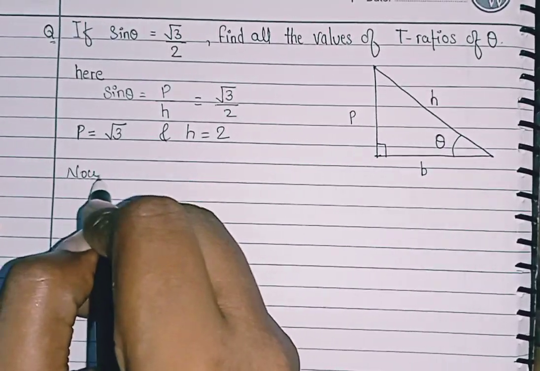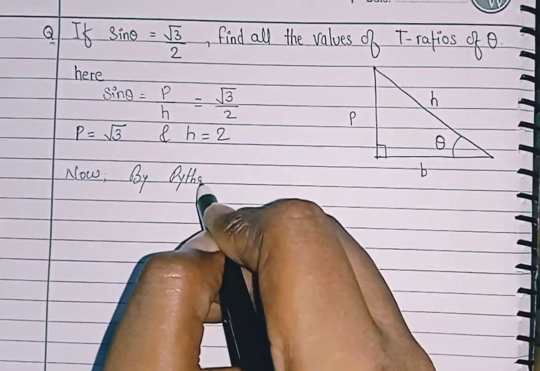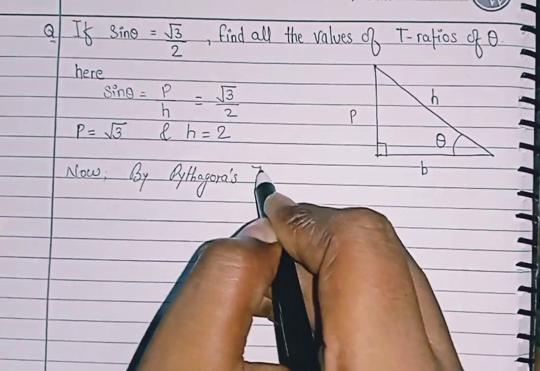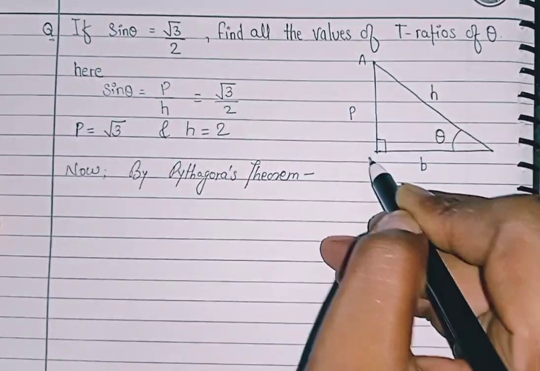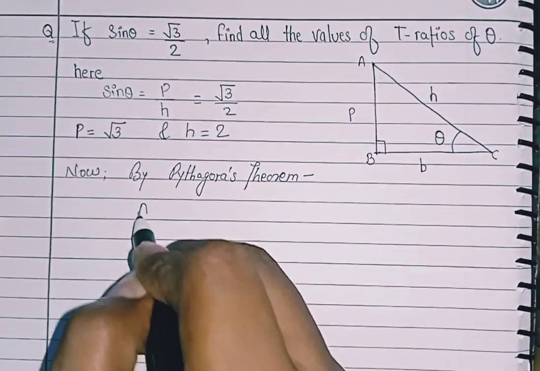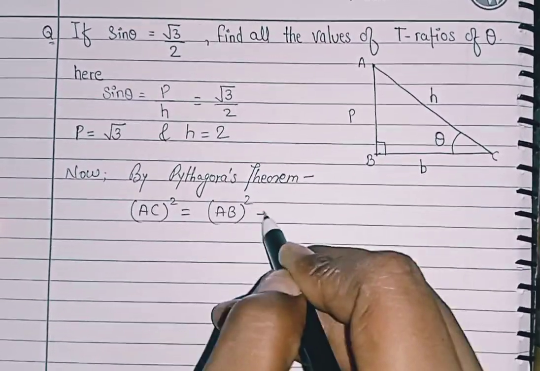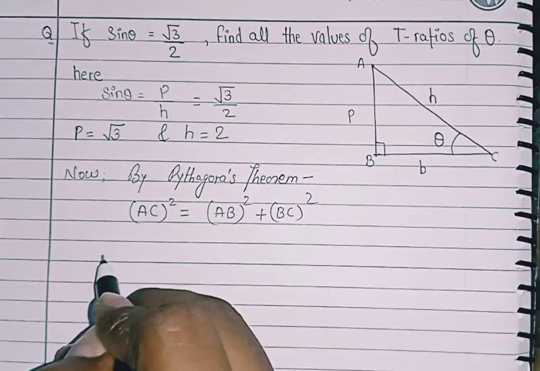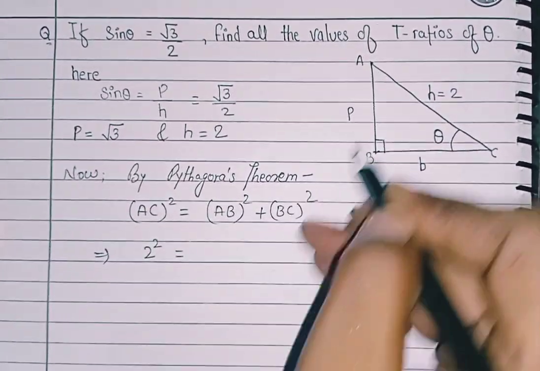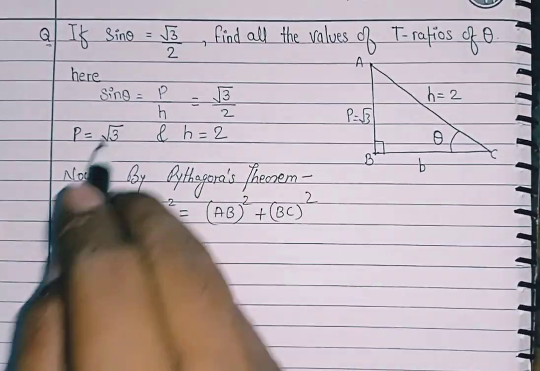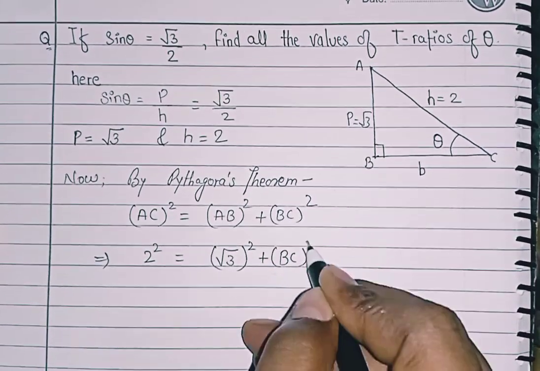Now by applying Pythagoras theorem, if I name this triangle A, B and C, then AC square equals AB square plus BC square. AC is given as 2 square, AB is given as root 3 according to the question, so root 3 square plus BC square.